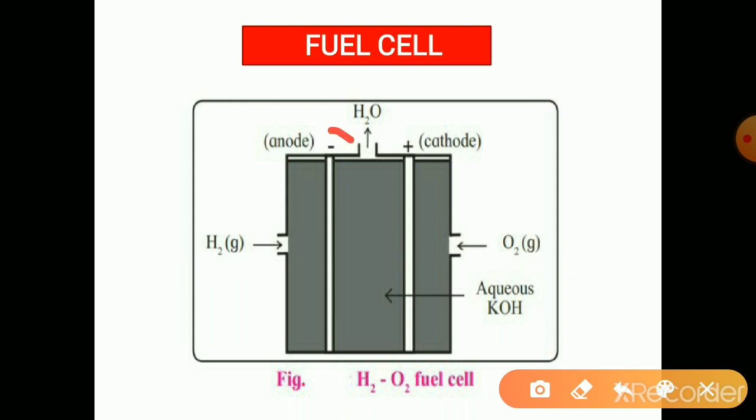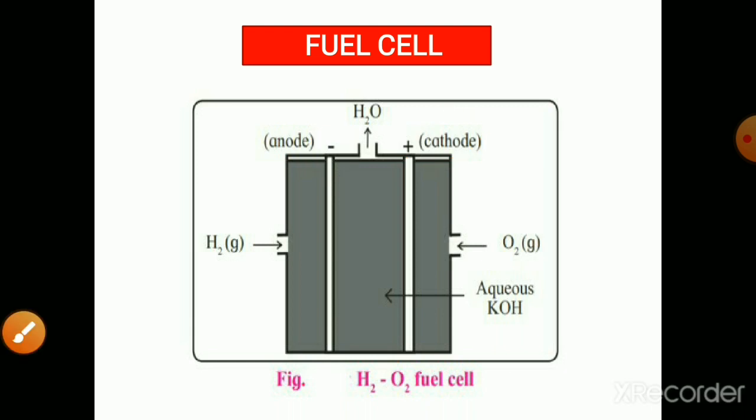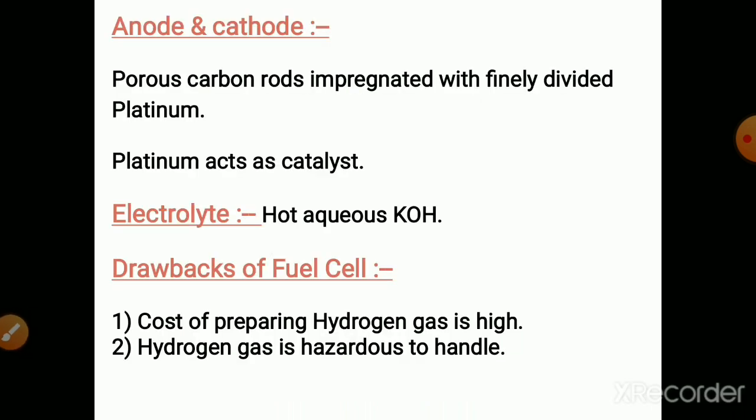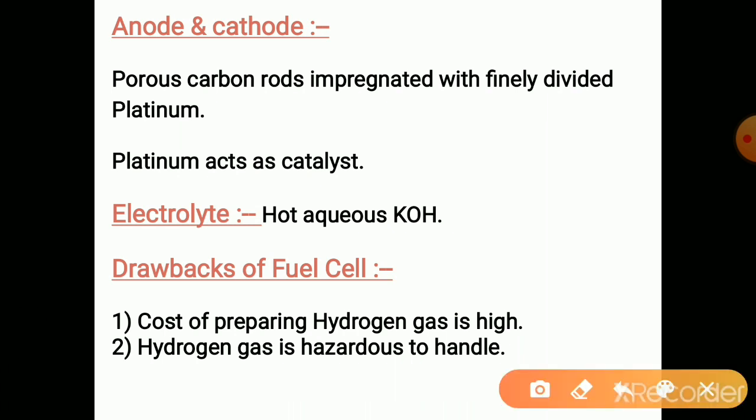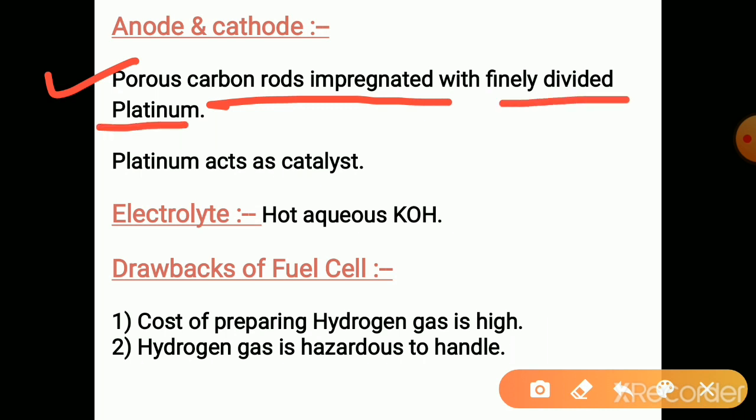This anode is a carbon electrode. The cathode is also a porous carbon electrode impregnated with platinum. So the anode is porous carbon rods impregnated with finely divided platinum. Platinum acts as a catalyst.